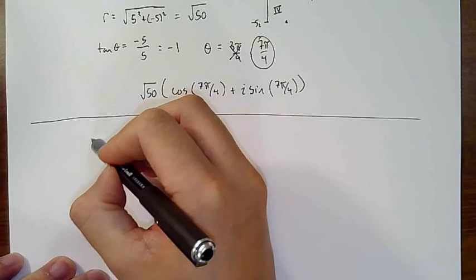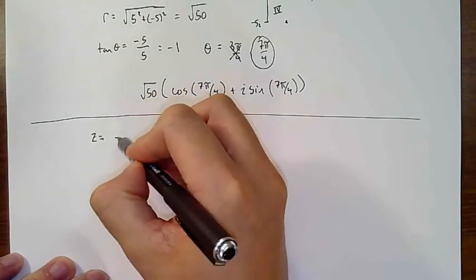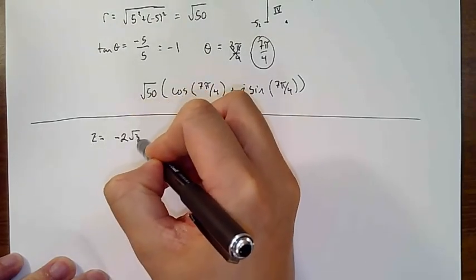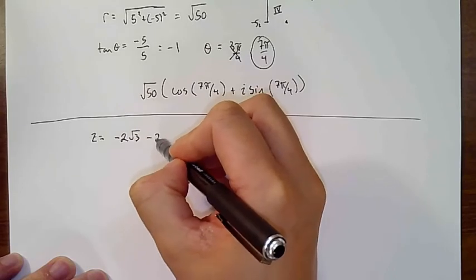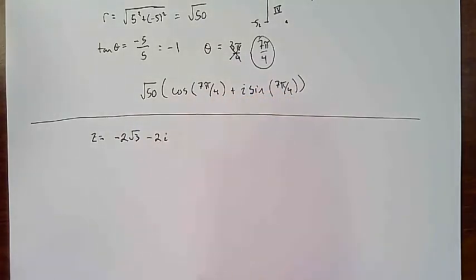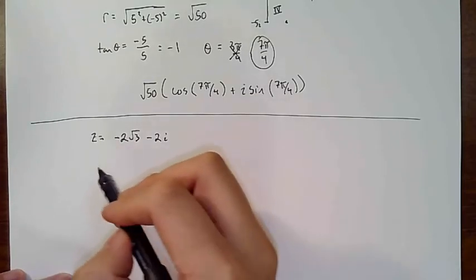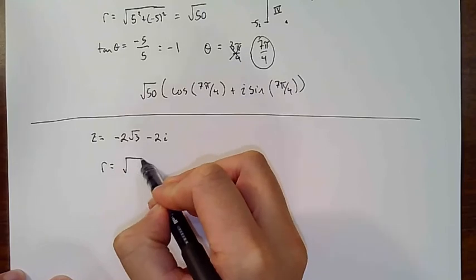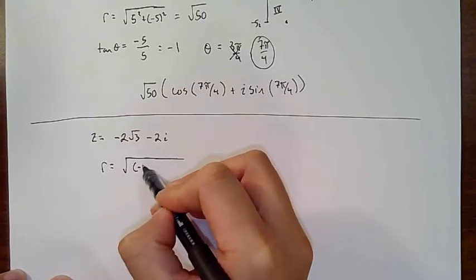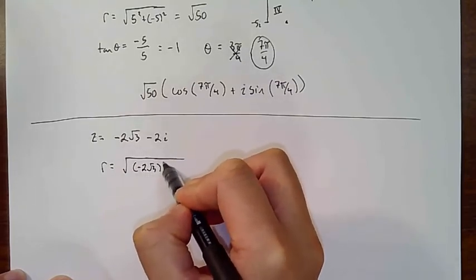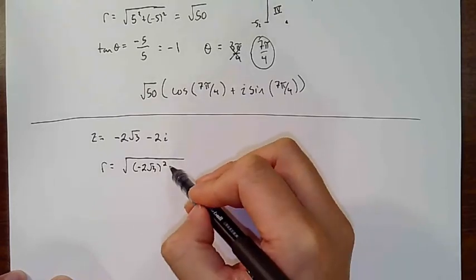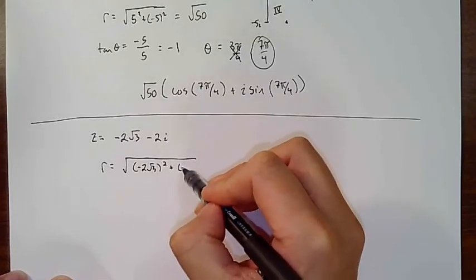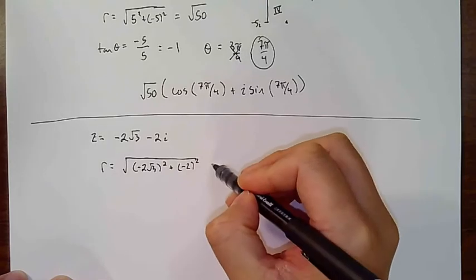Let's look at z equals -2 square root 3 minus 2i. This one is a little bit quirky, but that's okay. This square root may be intimidating, but we just work it the same way that we always do. R is equal to the square root of -2 square root 3 squared plus -2 squared.